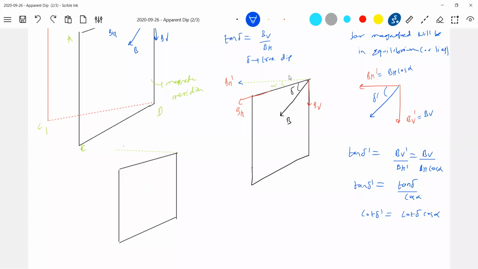We'll go for a solid line. So this was the alpha. This was the alpha. So how much will it be? 90 minus alpha, this is. So this was the original BH. I'll indicate here. Then this is BH dash.